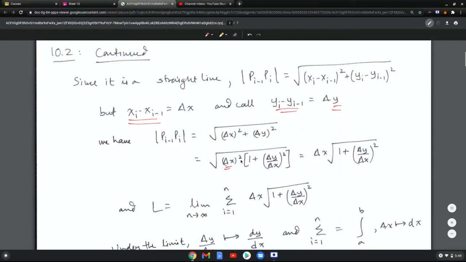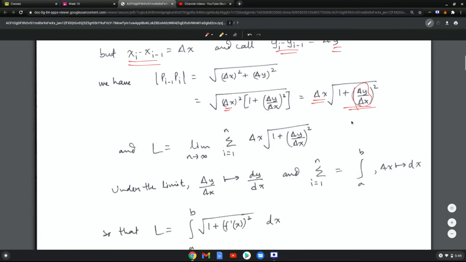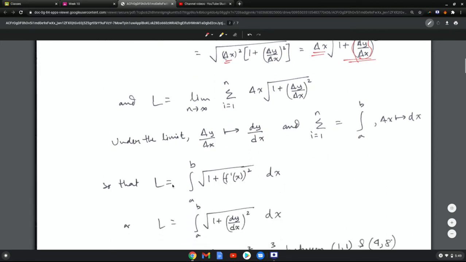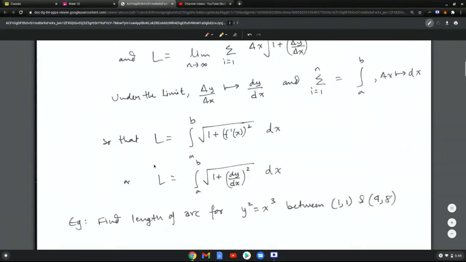I factor out delta x squared, or I divide by delta x squared. The delta x comes out. Now under the limit, what is delta y over delta x? Under the limit, that thing is just a derivative. And the summation becomes an integral, so that arc length can be given by this expression: the integral from a to b of the square root of 1 plus (dy over dx) squared dx.